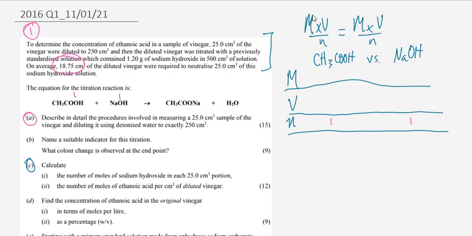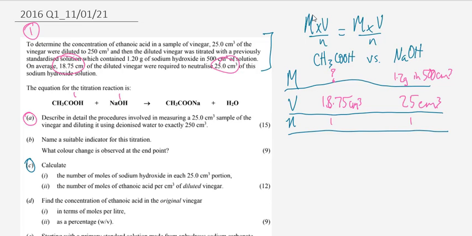Volumes, here for the acid, 18.75, and that was neutralized with 25 centimeters cubed of the base. Molarity, the acid is unknown, and for sodium hydroxide, I'm told I got 1.2 grams in 500 centimeters cubed. I don't have the molarity, but I can use this information to get it. So that's a neat way of organizing the crucial information given in this paragraph.